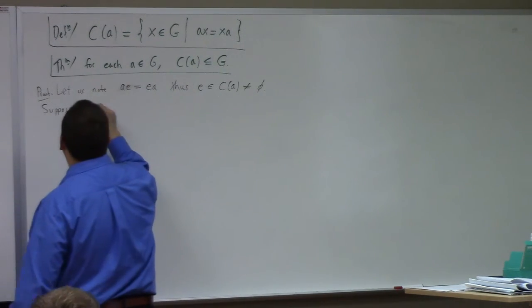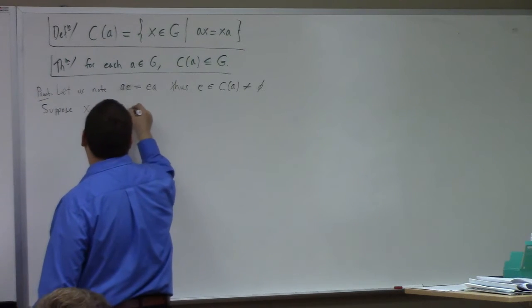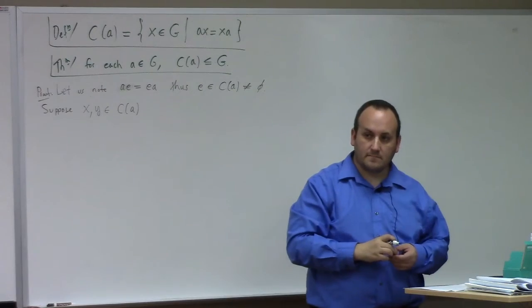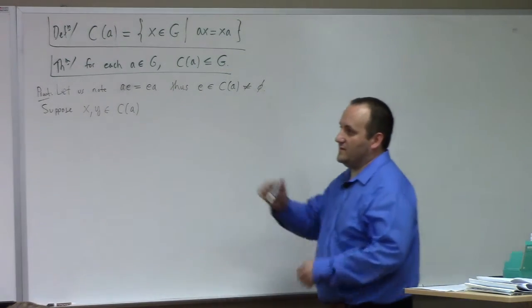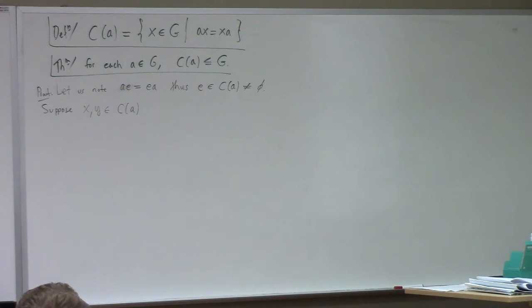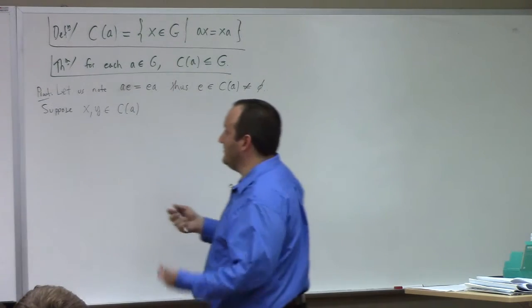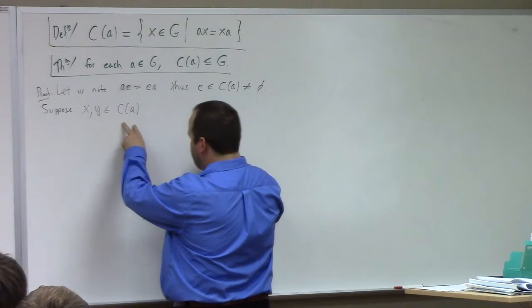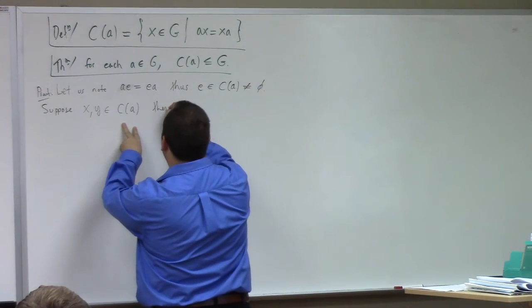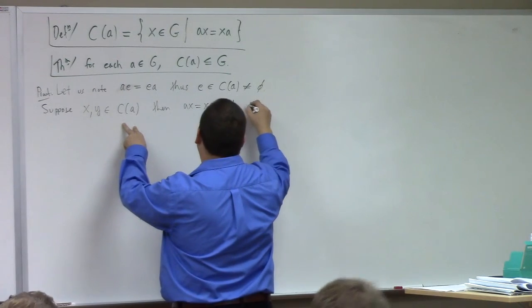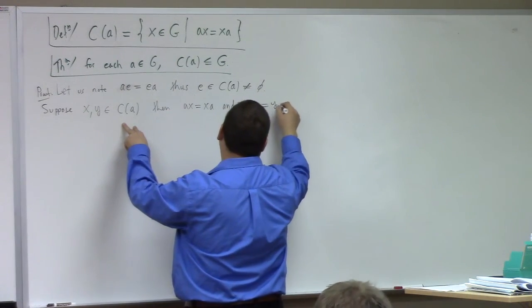So suppose X and Y are elements of the centralizer of A. Again, it's the set of all elements which commute with A. In contrast, the center of the group is the set of all elements in the group that commute with everything else in the group. Similar, but different. Anyway, so if X and Y are in the centralizer, then what? We have that AX is equal to XA, and we also have that AY is equal to YA, right?